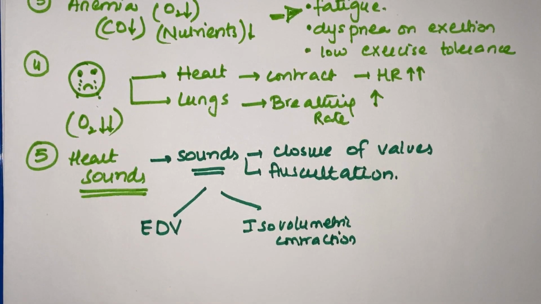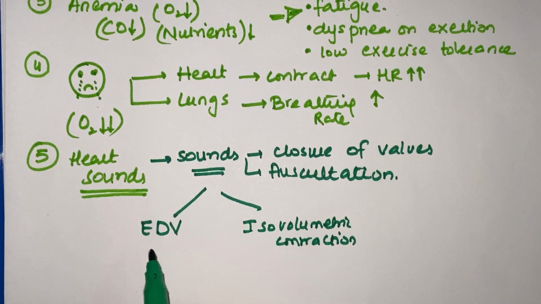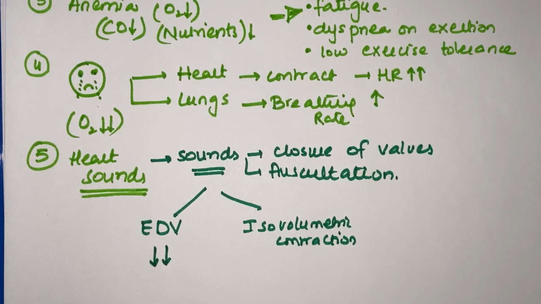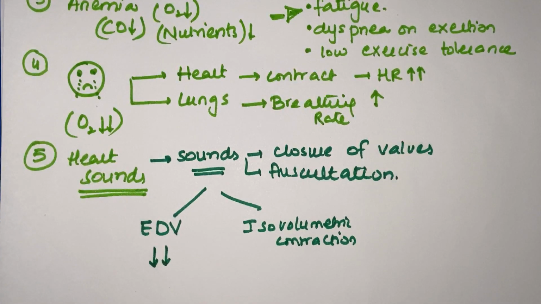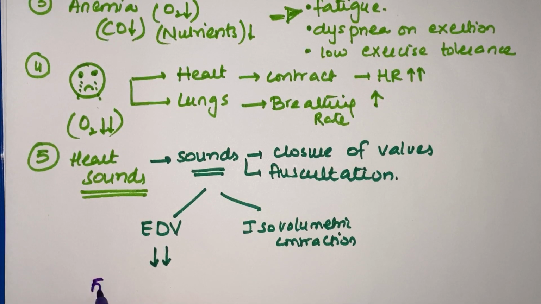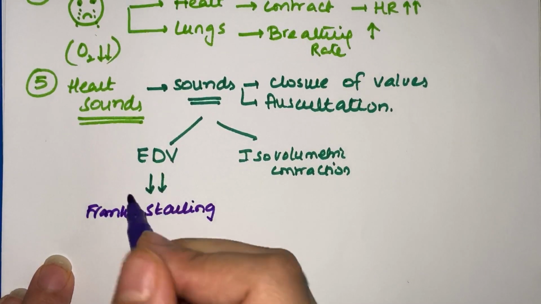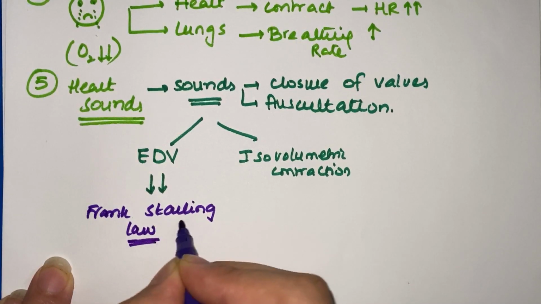What is happening in our current disease is that there is less filling within the left ventricle plus the right ventricle, so end diastolic volume is reduced. Now according to the Frank Starling law, I'll write here, we have read in our physiology what the Frank Starling law is.